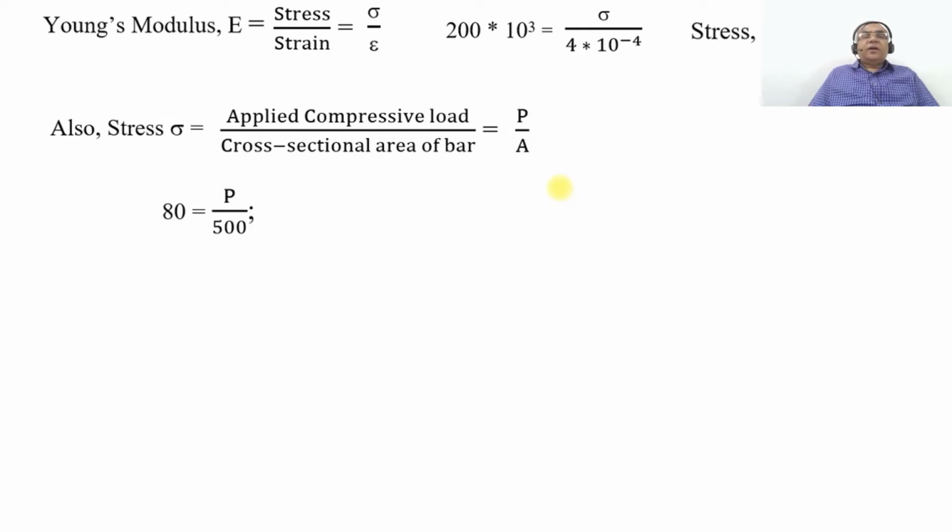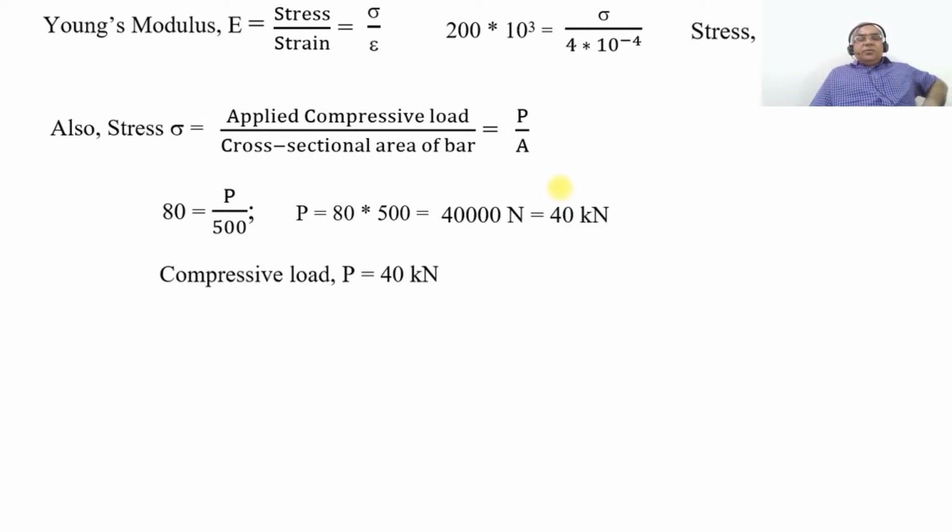Substitute the value of stress as 80 equals P by the cross-sectional area of the bar, which is A, which is 500. So on cross multiplication, P is equal to 80 into 500, which will be equal to 40,000 Newton, which will be equal to 40 kilonewton.